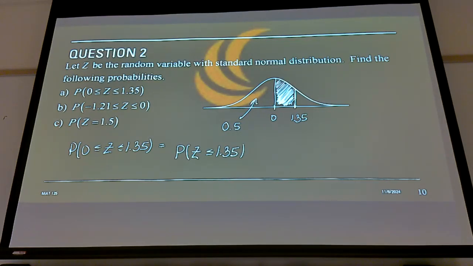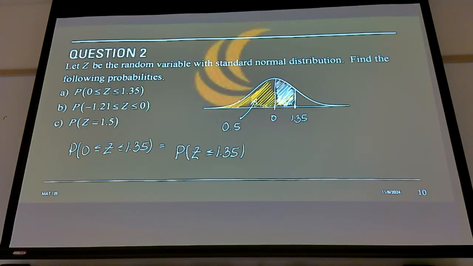So if we look at area to the left of 1.35, that'd be that, wouldn't it? The yellow. How do you get the white from the yellow? You take that, remove it, erase it.